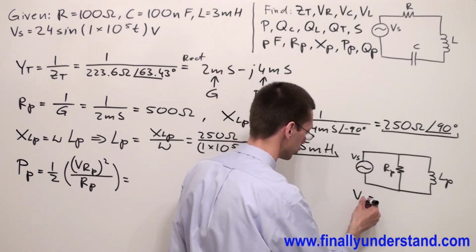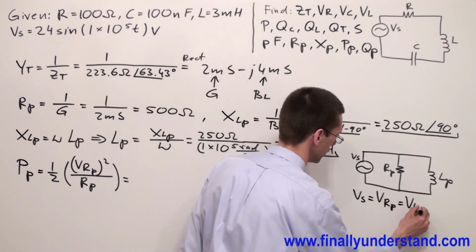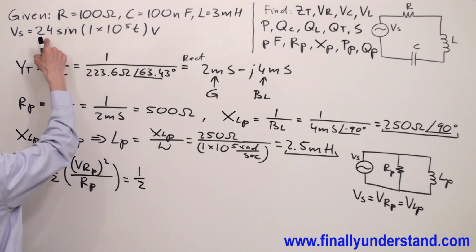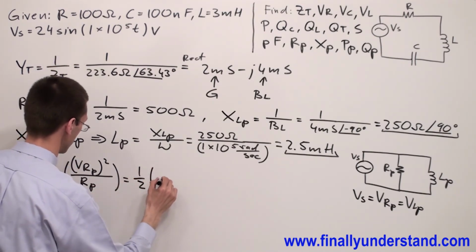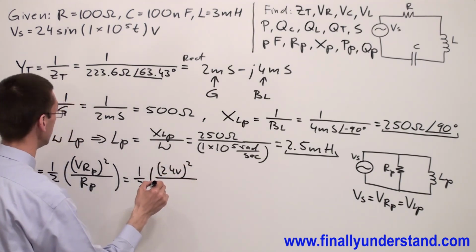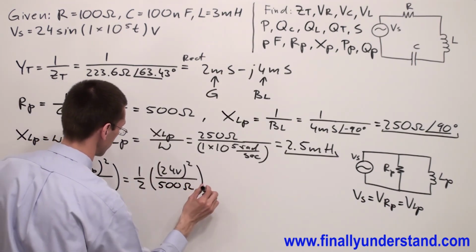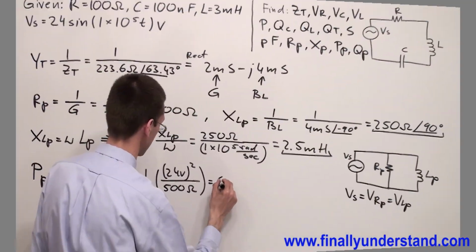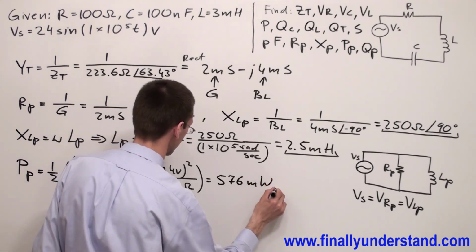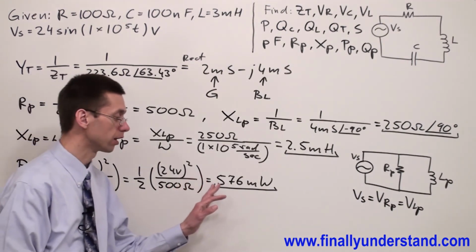So that's why I'm going to write that the voltage source is equal to VRP, and this is also equal to VLP. So I have 1/2. I use half because we're still using peak values. So I have 24 volts raised to the second power over RP, and we found that RP is equal to 500 ohms. This is equal to 576 milliwatts. Okay, so this is my true power in the parallel equivalent circuit.